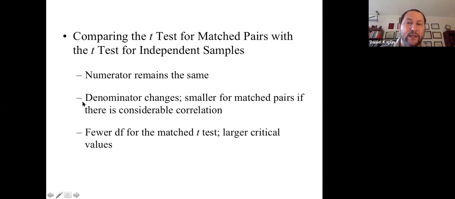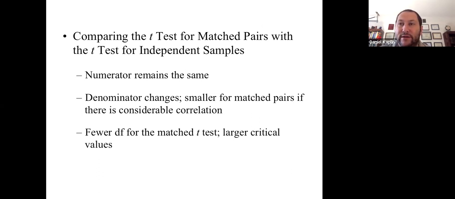All right, so now let's compare the t-test for matched pairs versus the t-test for independent samples. The reality is the numerator stays the same, whether it's an independent samples t-test or a matched pairs t-test.